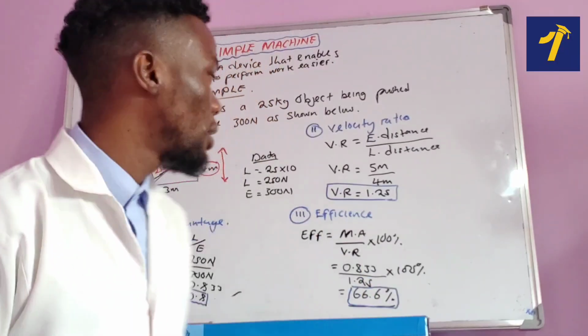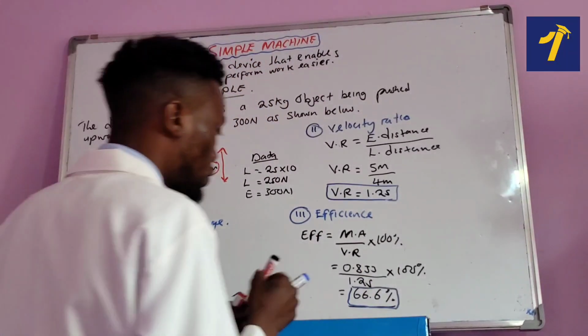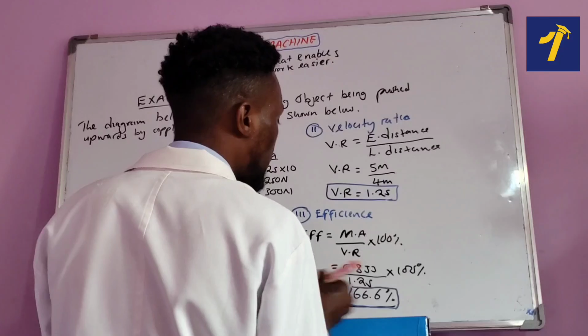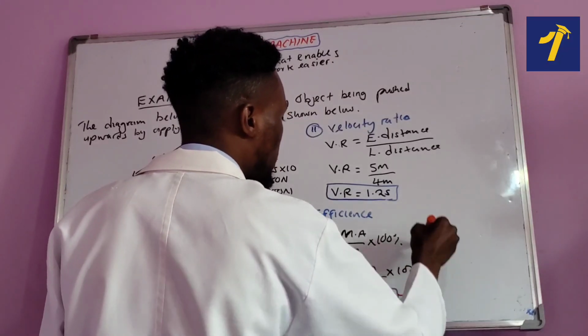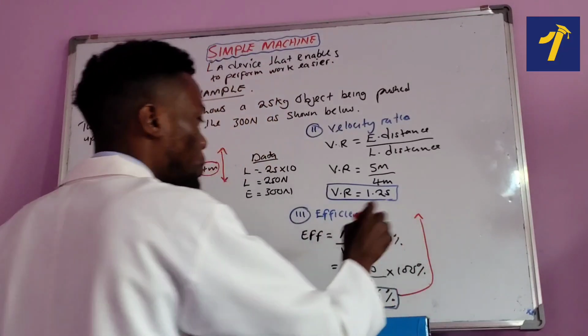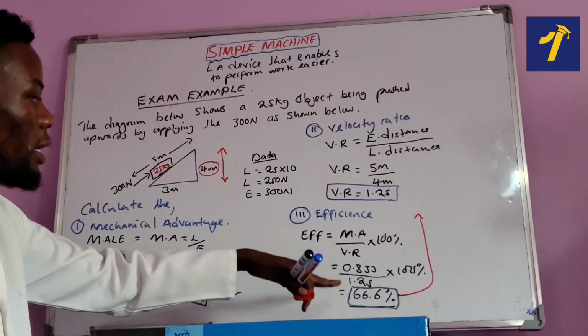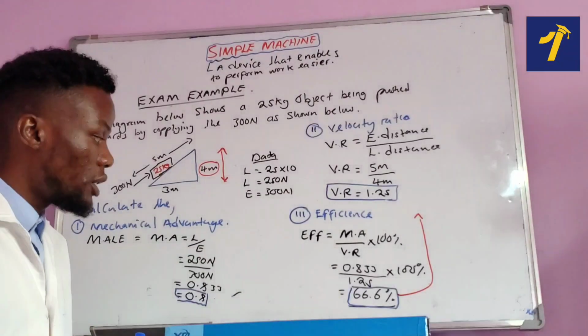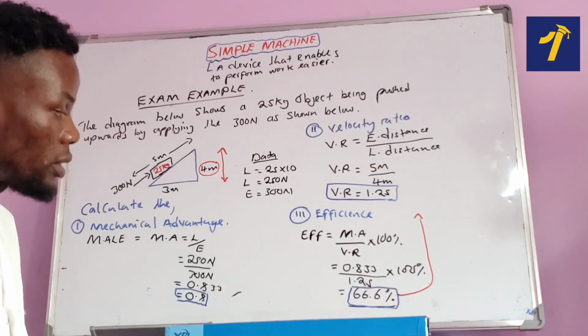So what are we saying here? Instead of putting that question, why this machine is not 100% efficient, we are just going to put the reason why this machine is working at 66.6%.